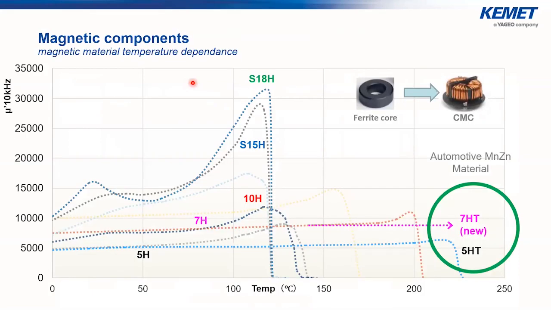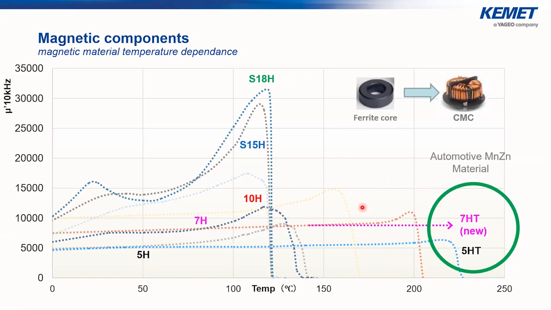The main difference is related to the application itself, and we will choose the correct material for a given application. If an application is more focused on high temperature, we will select the high temperature materials, such as the 5HT and 7HT, and we are working on the 10HT.